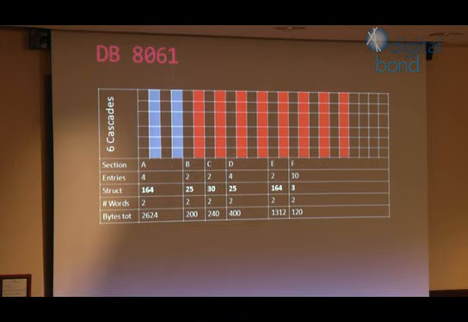Anyway, by analyzing how the attack code accesses DB8061, we know how this data block is structured. And this is what you see here. Again, we have 6 big arrays, which would correspond to 6 cascades. And every cascade has different entries. So, for example, we have 2 groups of data with 164 entries, which would probably correspond to I/O addresses of individual centrifuges.